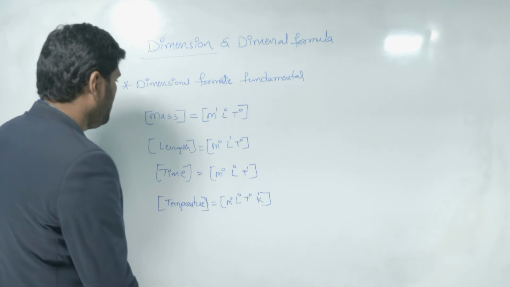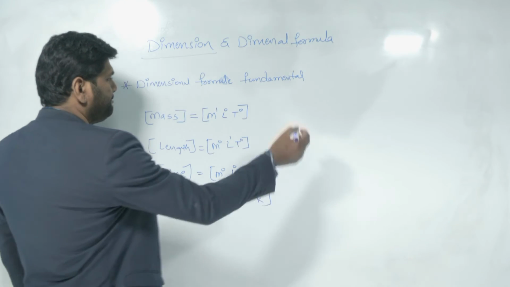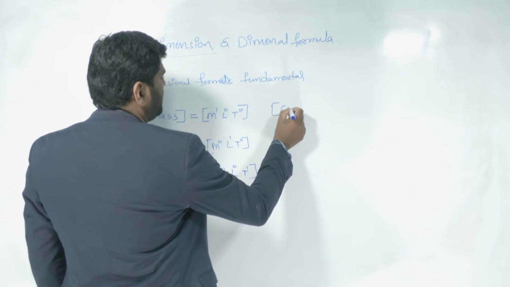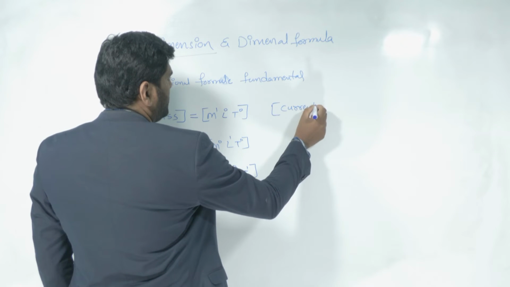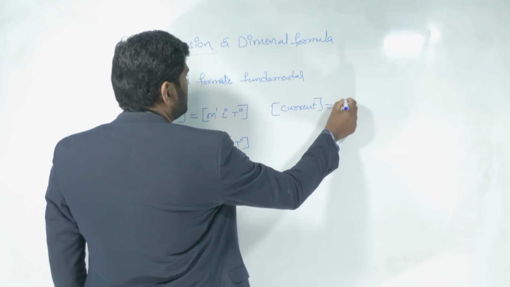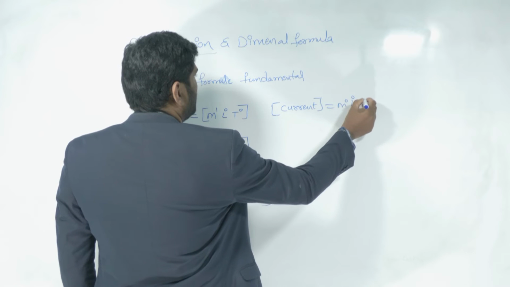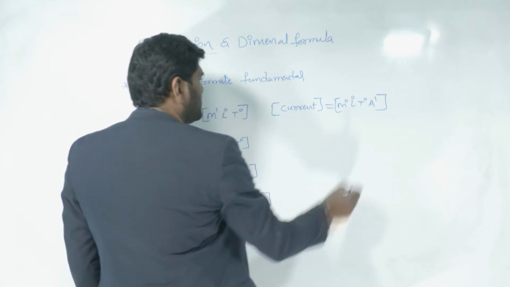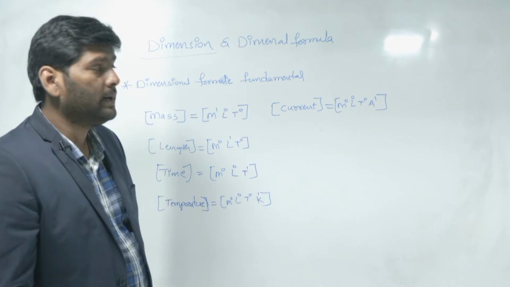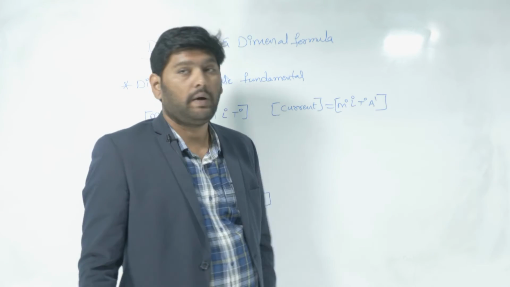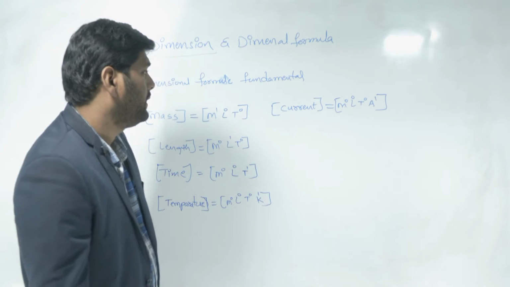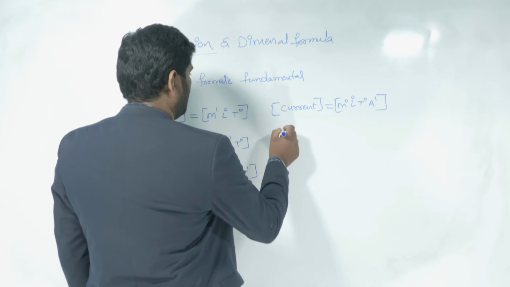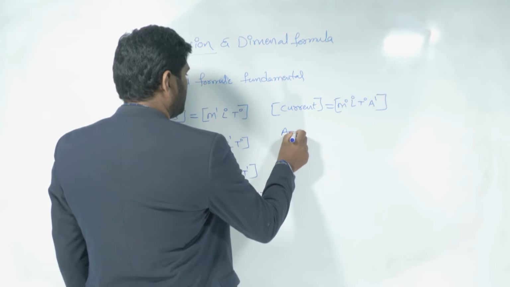Next, in a similar way, one more. What is one more here? Amount of substance, right? Or current, you can take. In the current, M power 0, L power 0, T power 0, A power 1. So here A is current, also a fundamental quantity, so that is the reason it has power A. Next, let us take amount of substance.